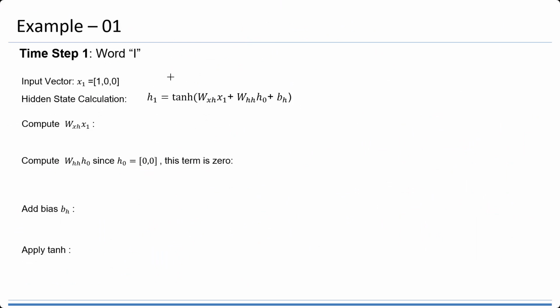So based on the formula before, we have HT equals a function given any weight, and we are going to use the HT minus 1 comma x1. It means I want to know what is the hidden state in the previous time, and I want to use the current x. So let's suppose I use the tangent function.